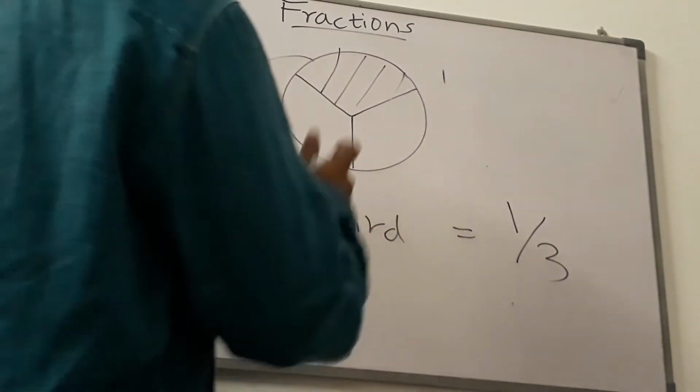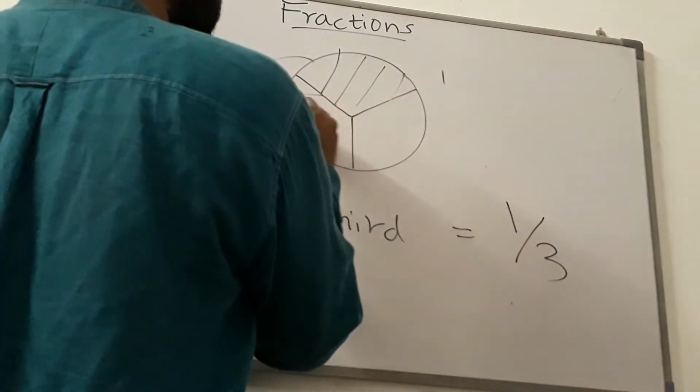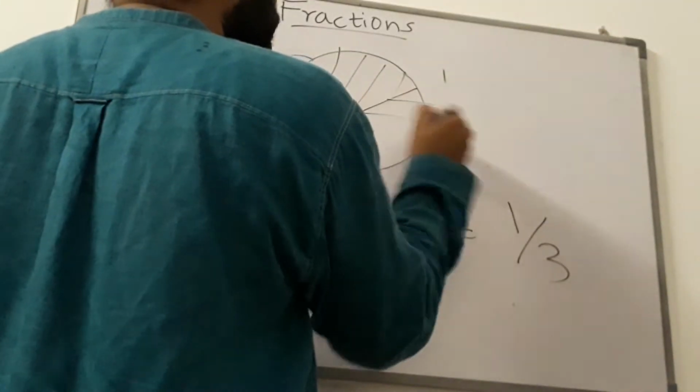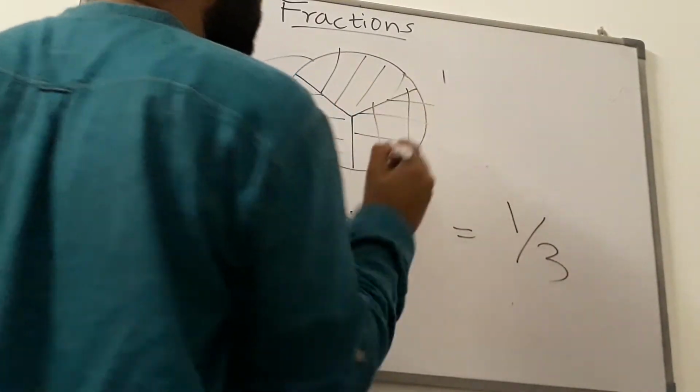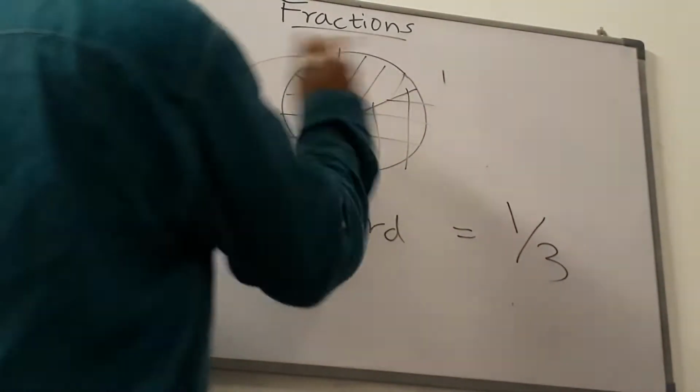Likewise, if we color all three parts together, all thirds together, like this, that means 3 thirds.